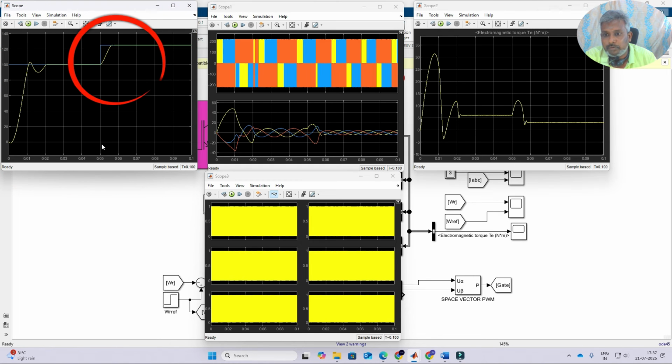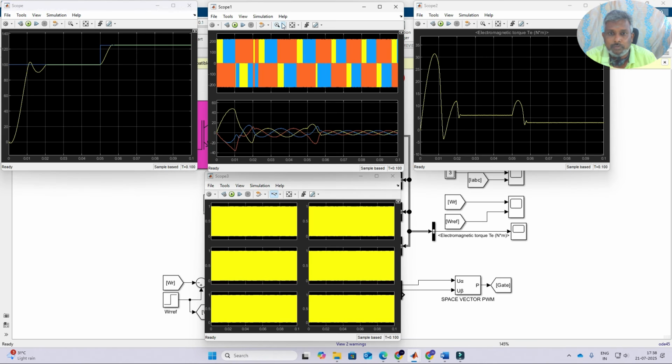At 0.05 seconds you will see the reference change from 100 to 125, and the speed tracks that reference change command, settling around 0.055 seconds.